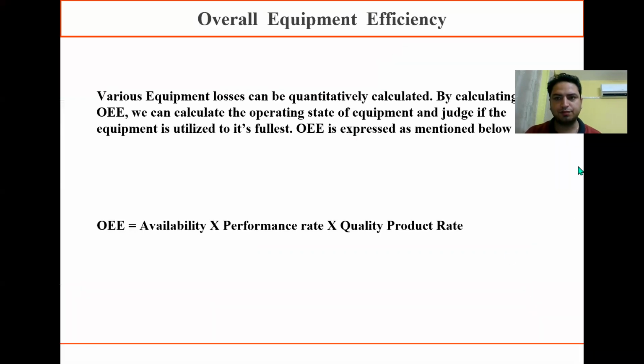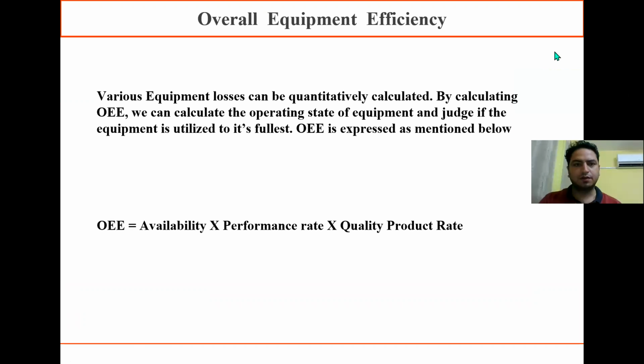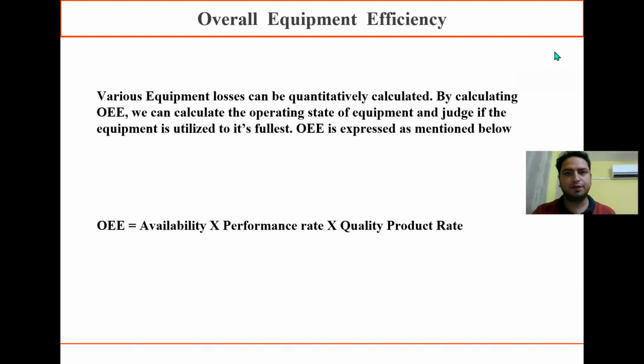So OEE, as you know, is overall equipment efficiency, and sometimes it is also called overall equipment effectiveness. Some may use overall equipment efficiency, some may use overall equipment effectiveness, but the calculation method is almost the same.